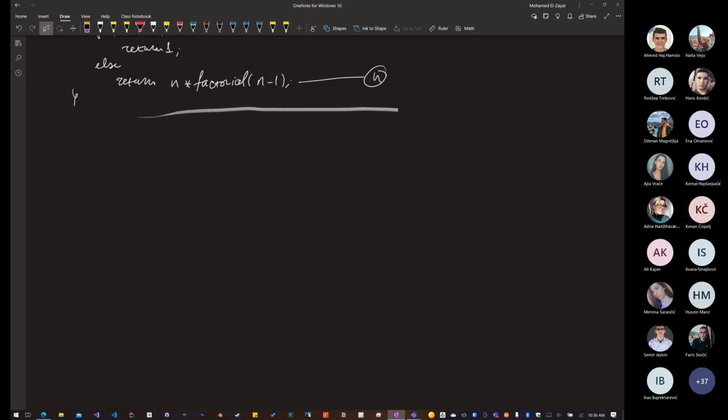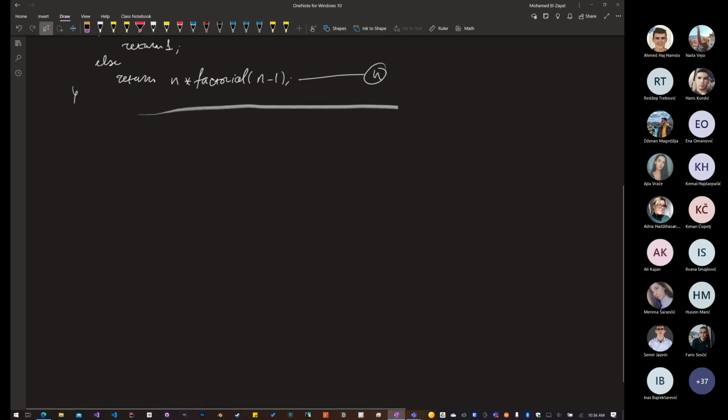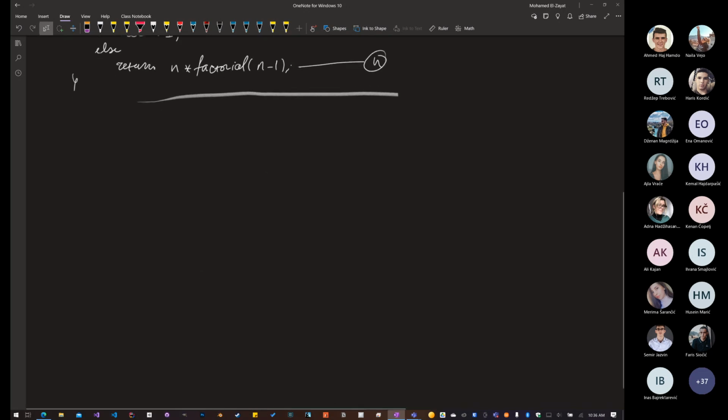Let's say that we're going to do some array operation. It doesn't matter what it is, let's say it's just a simple operation. I'm going to call this function array operation, which takes an array and assigns n.